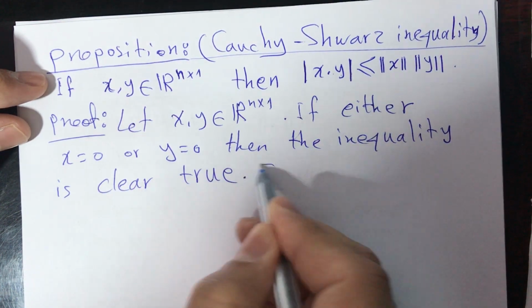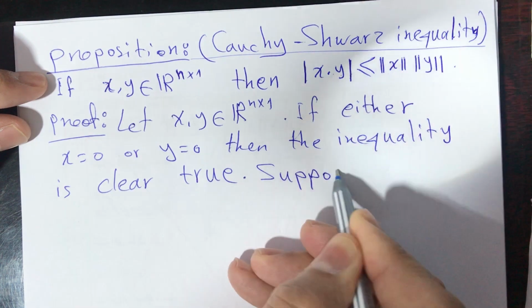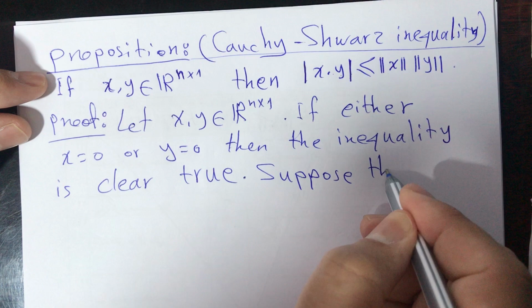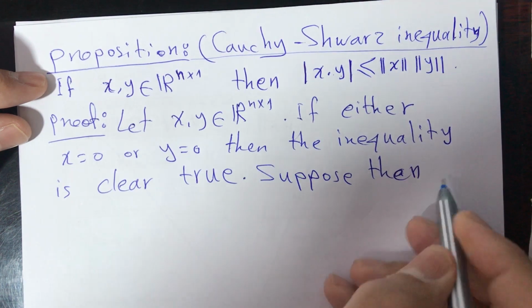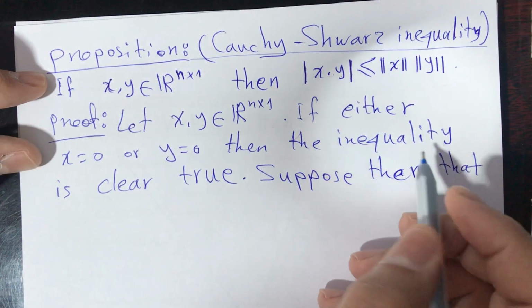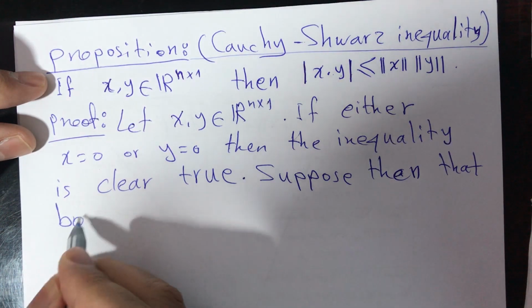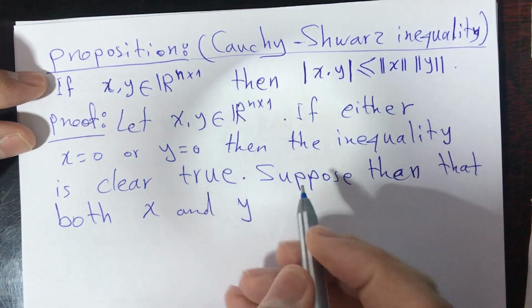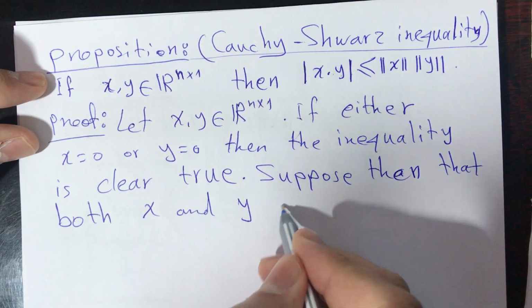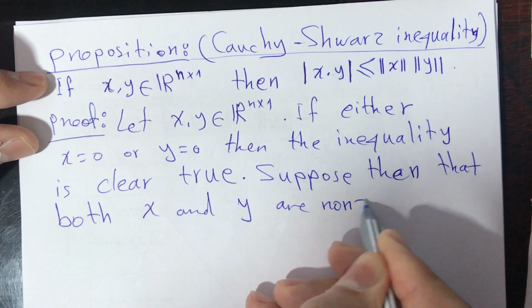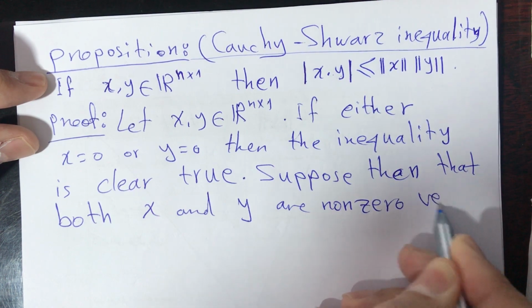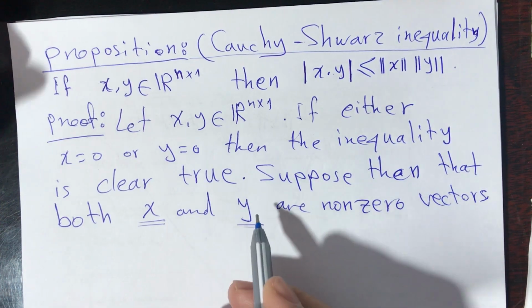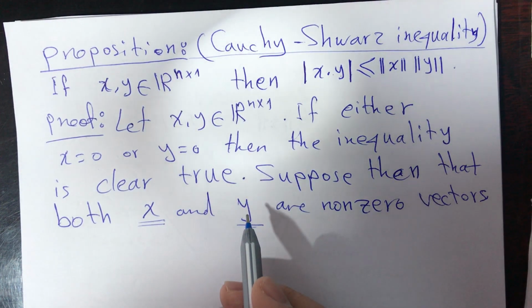Suppose then that both x and y are non-zero vectors, both of them not zero vectors.